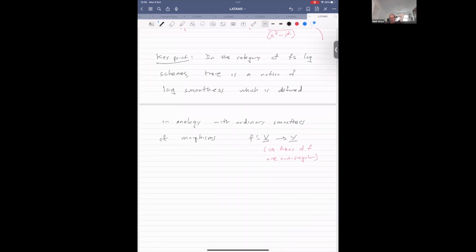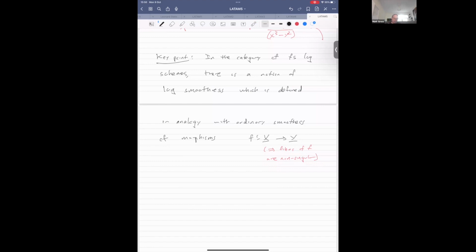But smooth morphisms will be flat, for example, and have these non-singular fibers. So there's this notion of log smoothness, but log smoothness somehow allows certain kinds of singularities.